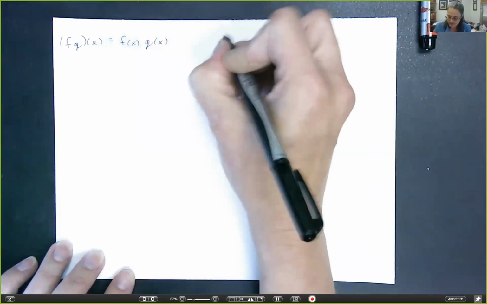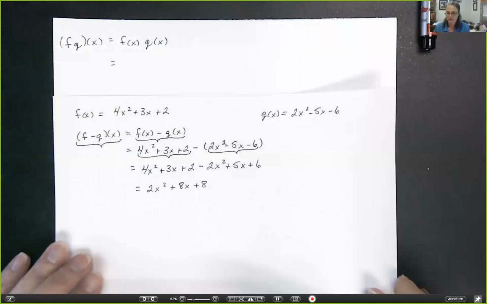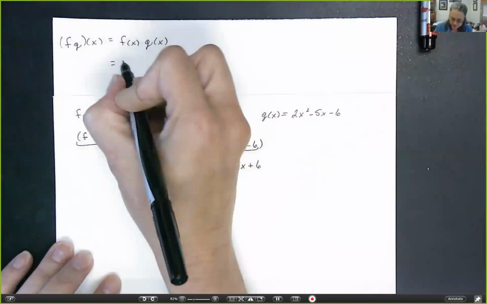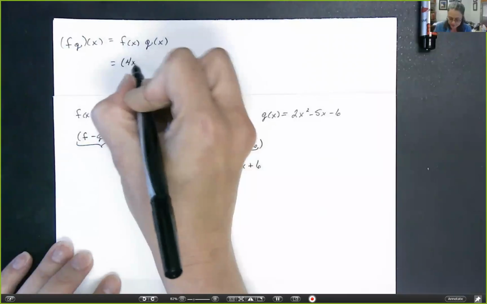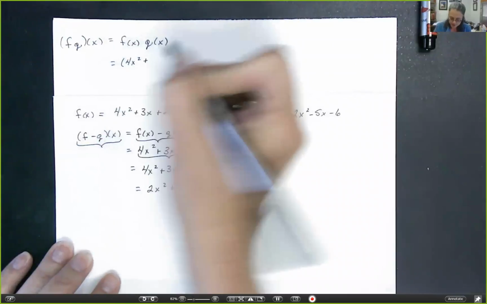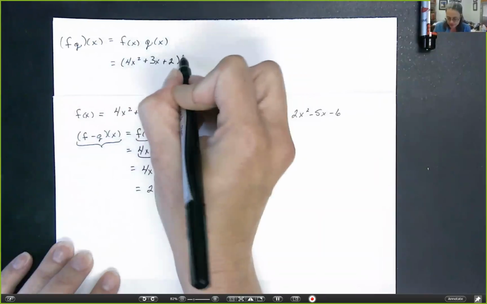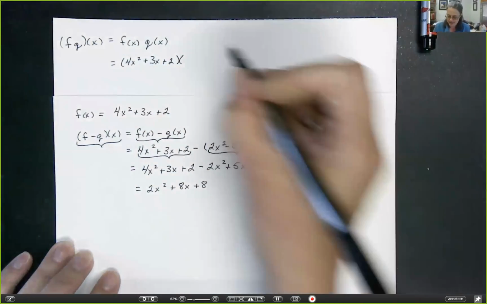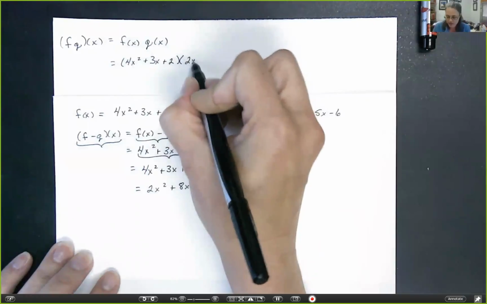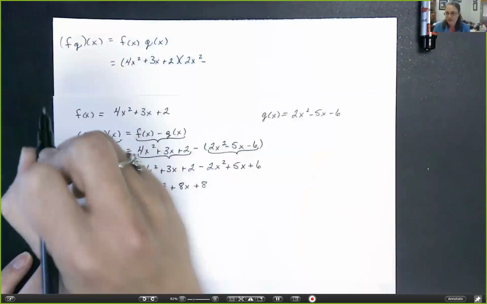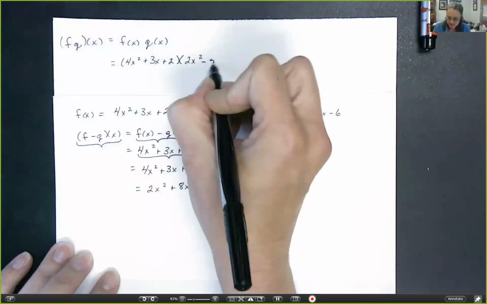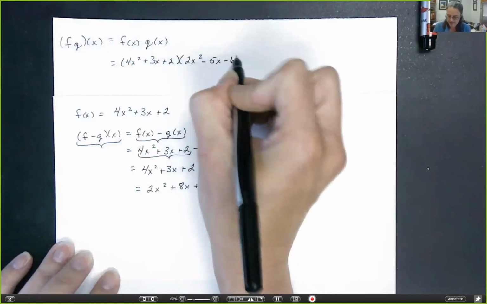So f of x is still 4x squared plus 3x plus 2, and g of x is still 2x squared minus 5x minus 6.